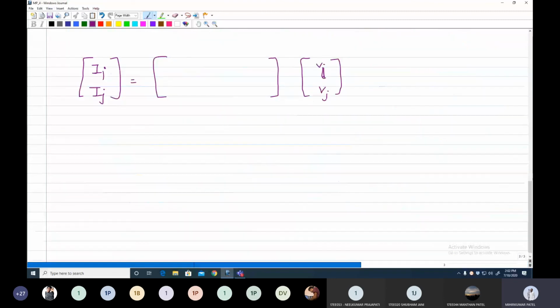Clear? So just help me write down the elements of the Y bus matrix when the transformer is placed at the ith bus. What is the equation? The first element: a square into Yi0 plus Yij. Very good. Then the second element will remain the same.